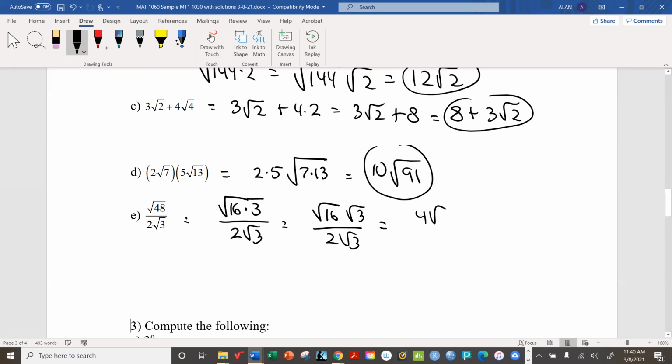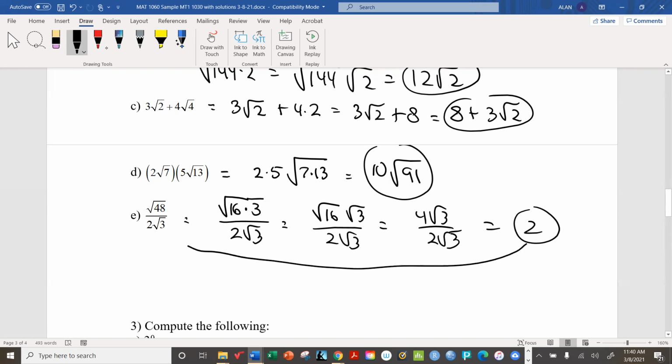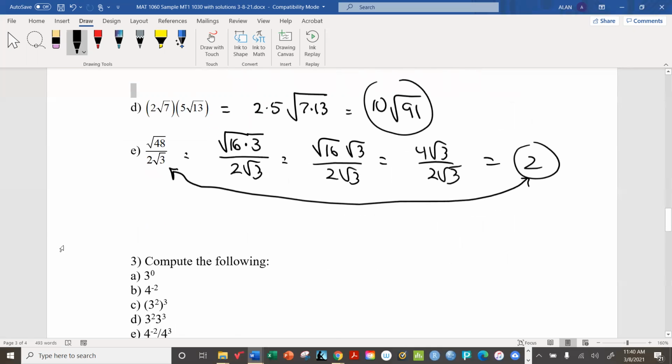So you got 4 radical 3 over 2 radical 3. And of course, the radical 3's cancel each other out and you're just left with 2. So now that's a nice result. Look how much simpler that is than this. A lot simpler. So that's a very satisfying result. Okay, I think you'll agree with that.